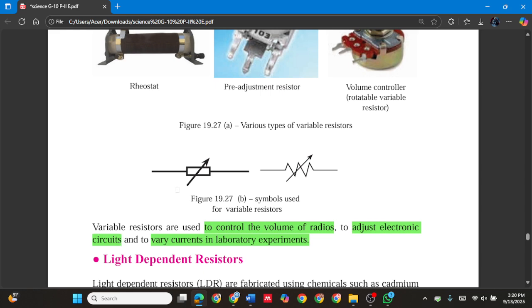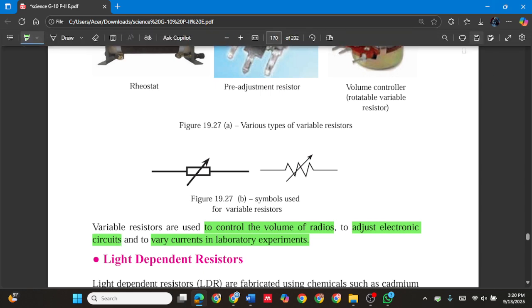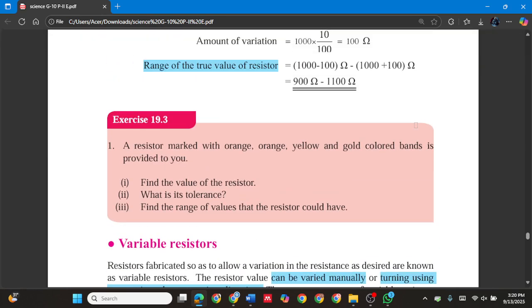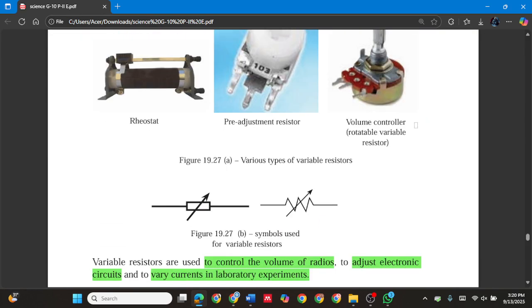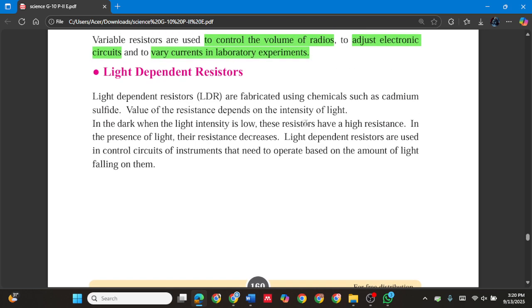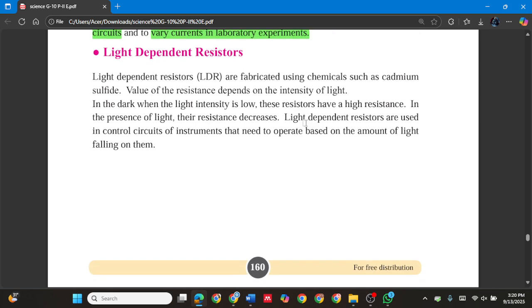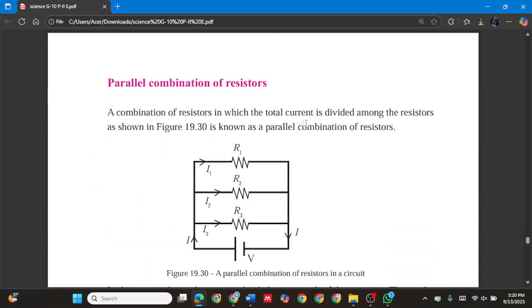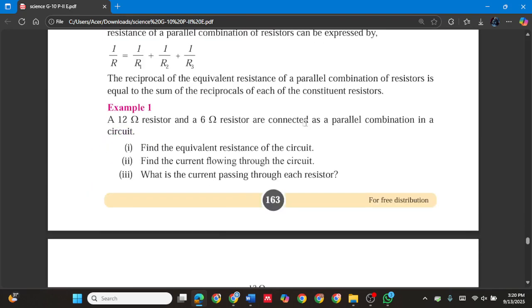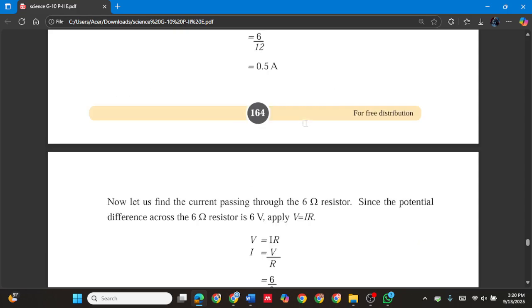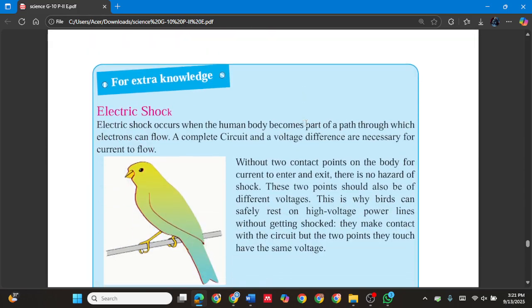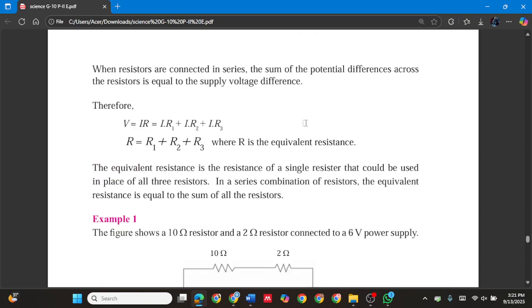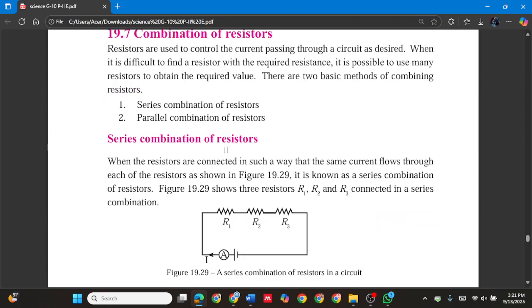Okay, so I'm going to discuss the above question later, and this question and also the light dependent resistance part later because we have to discuss it a little more. After that, a parallel combination of resistors and series combination of resistors.